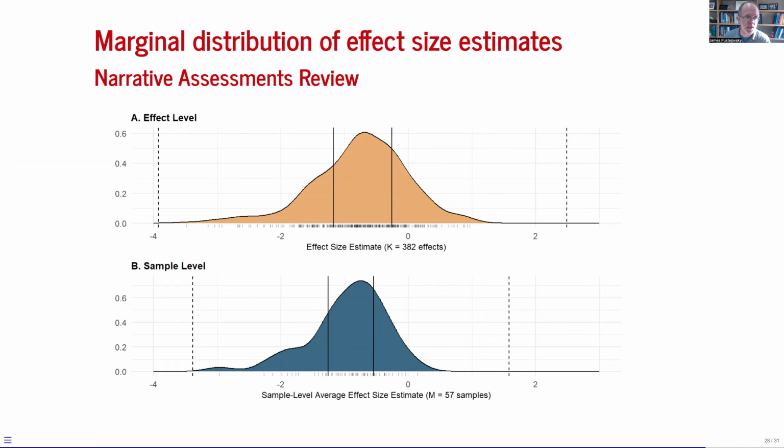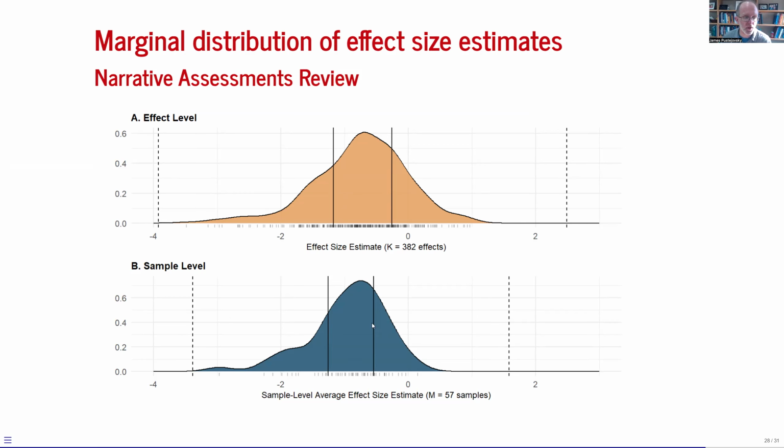So here's an illustration of the marginal distribution of the effect size estimates in the narrative assessments review. You can see it's quite a wide distribution. At the bottom, I've aggregated the effects up to the sample level to get a sense of the between-sample variation, which is also wide.